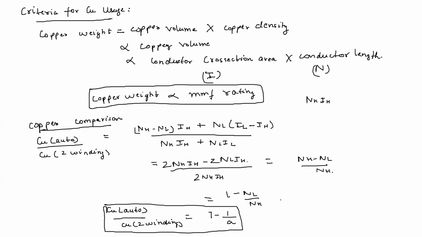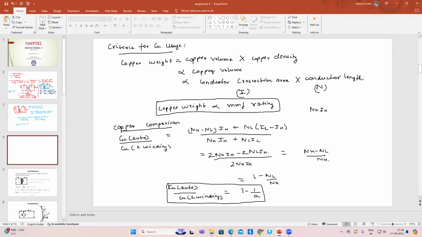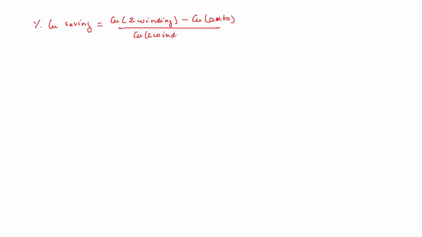So what is the percentage copper saving? Let me write it again. How much percentage copper is saved in the auto transformer? Percentage copper saving is equal to copper two winding minus copper auto, divided by copper two winding, into 100%.